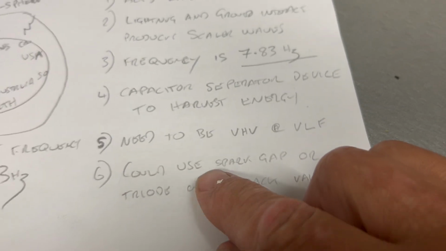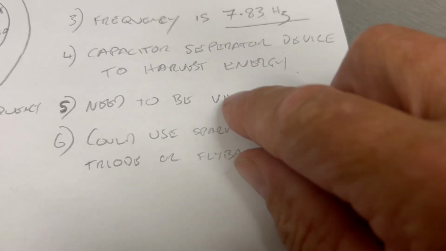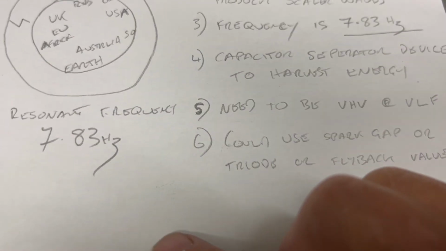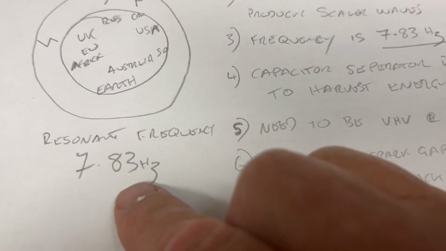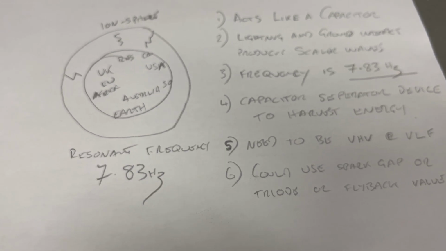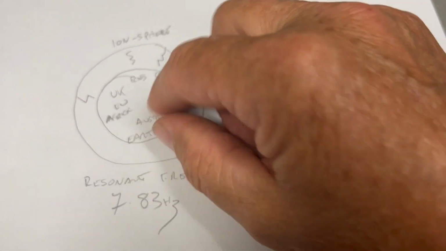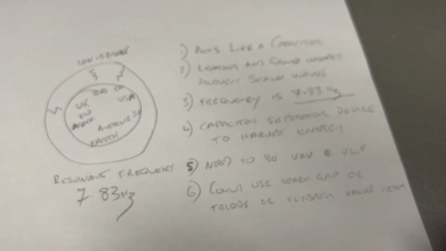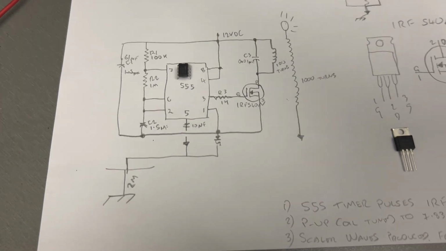And I figured out that we could use a spark gap or a triode. You could use a flyback system, as long as you were able to produce a resonant frequency of 7.83 Hertz at very high voltage. You could achieve taking this energy, if you like, the natural energy of the earth. You could extract it.